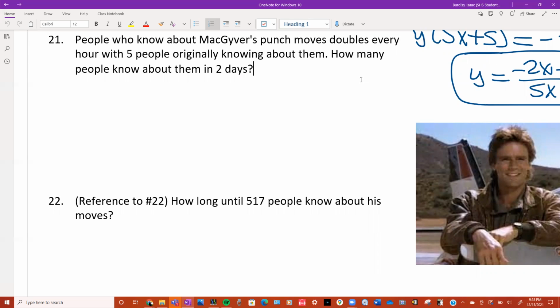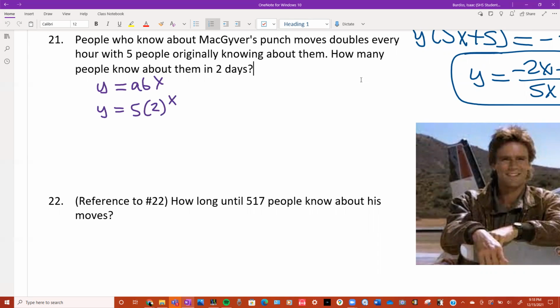So remember the exponential equation? I gotta go quickly because it's starting to get late. As you can see, 9:18. The initial is what A is. So 5 people originally knew about it. Doubles, that means B is 2. And obviously C more review.